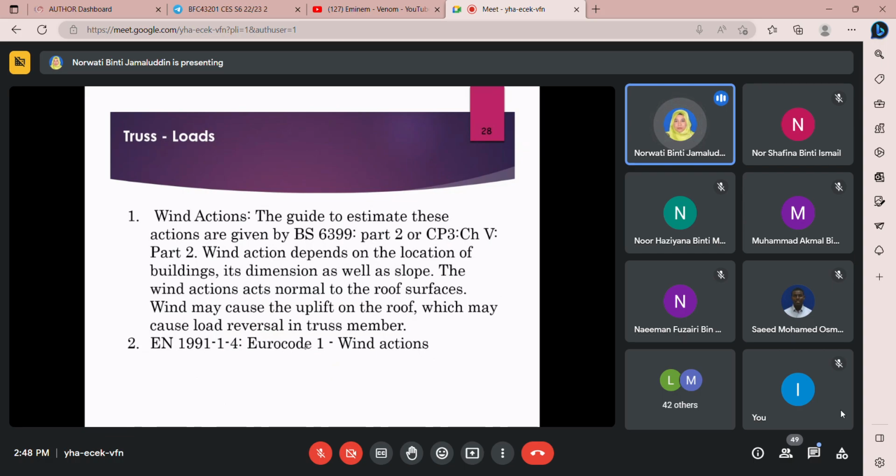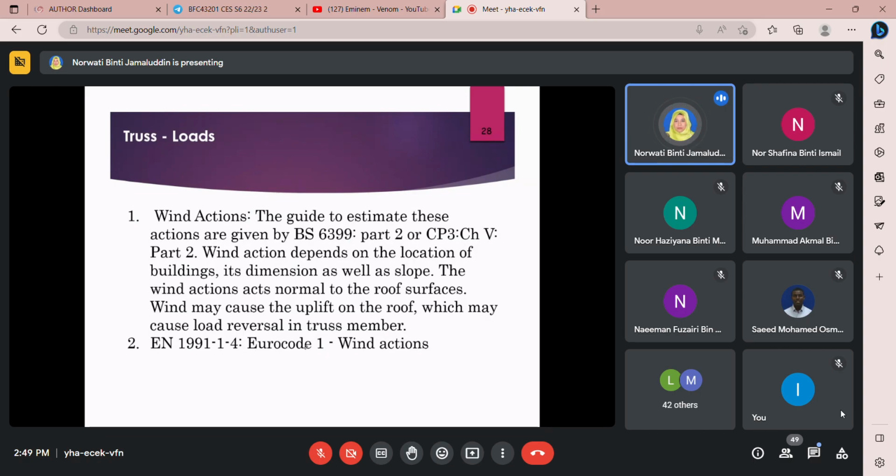Another load is wind action. Last time we used BS 6399 Part 2 and the older version CP3, but now you can refer to Eurocode Part 1-4. Wind action can be in the form of suction force or uplift force, or it can act in a downward direction.